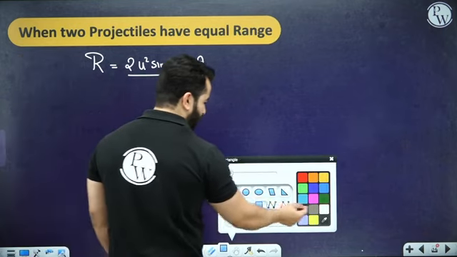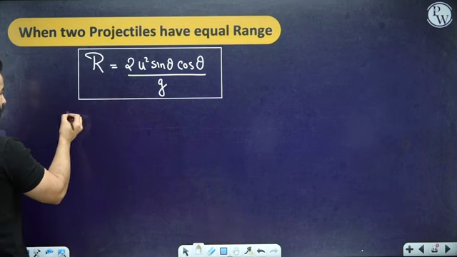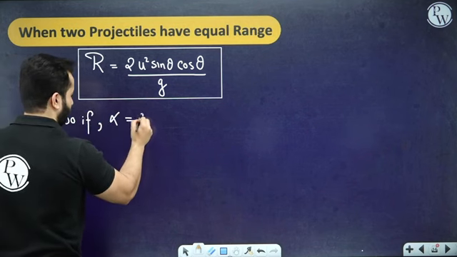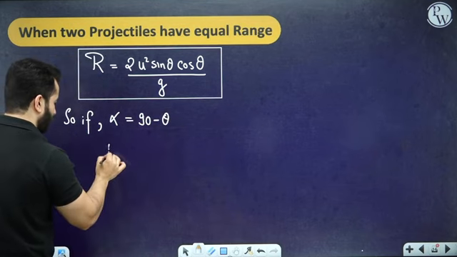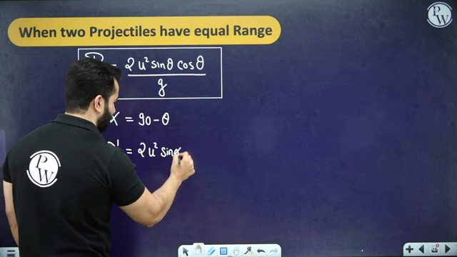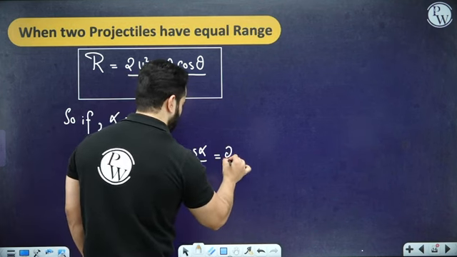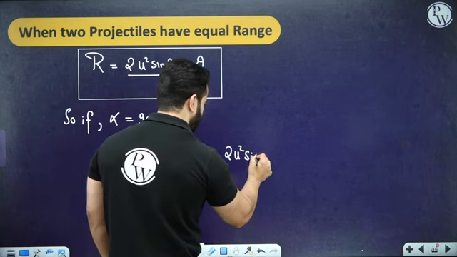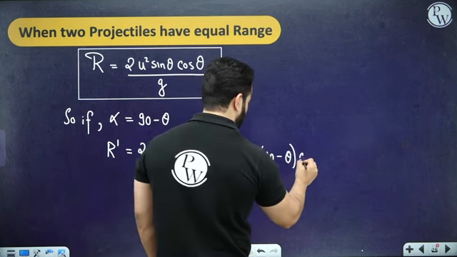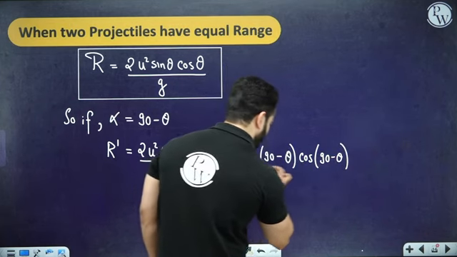So if you have thrown a certain projectile at an angle of theta, and the other at the complementary of that angle, the new range will become 2u square sine alpha cos alpha by g, and this will become 2u square sine 90 minus theta, cos 90 minus theta, divided by g.